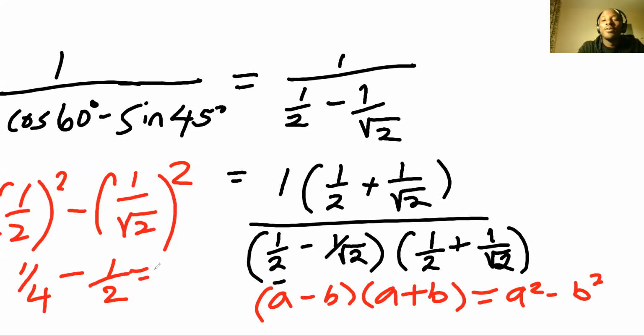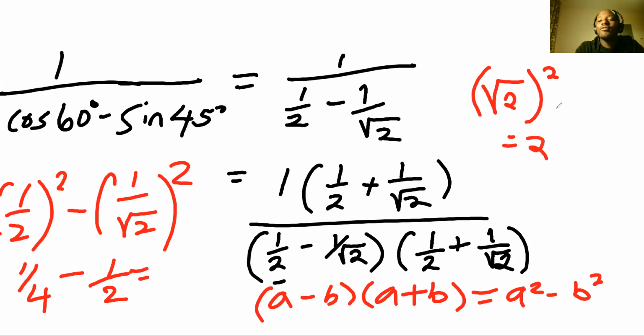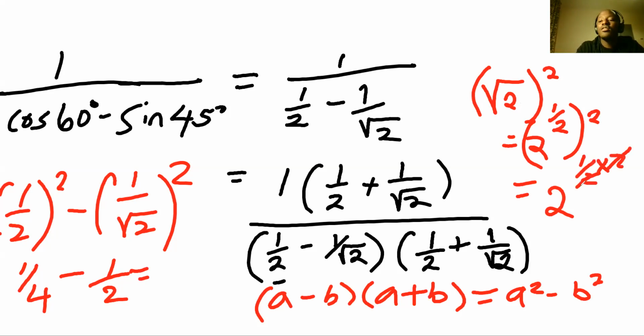Something you need to remember: the square root is the same as putting something to the power a half. Always remember that. Then 2 to the power a half times 2 becomes 2 to the power 1. So a half minus a quarter is negative a quarter.